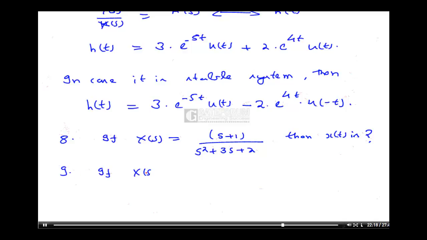If X(s) is equal to s plus 2 upon s square plus 2s plus 10, then x(t) is question mark.